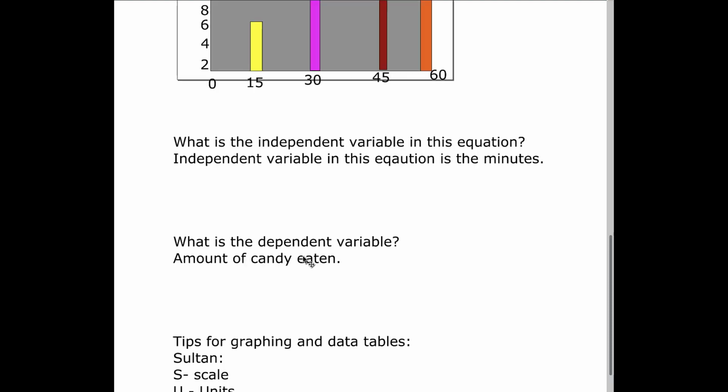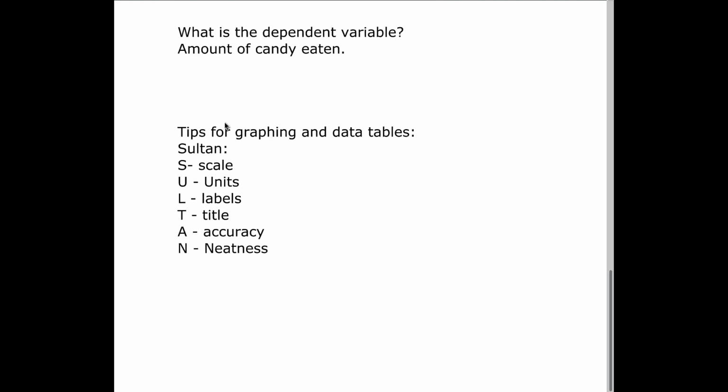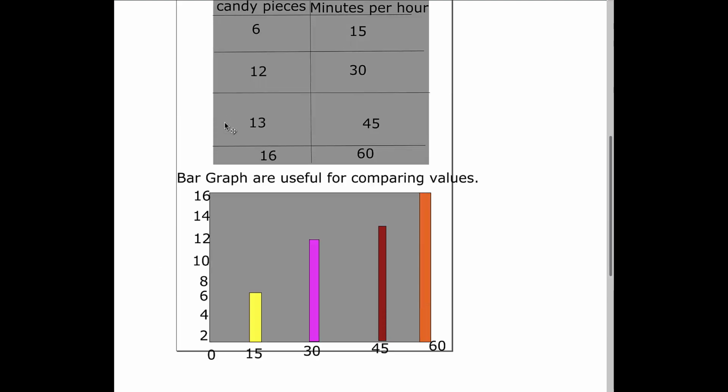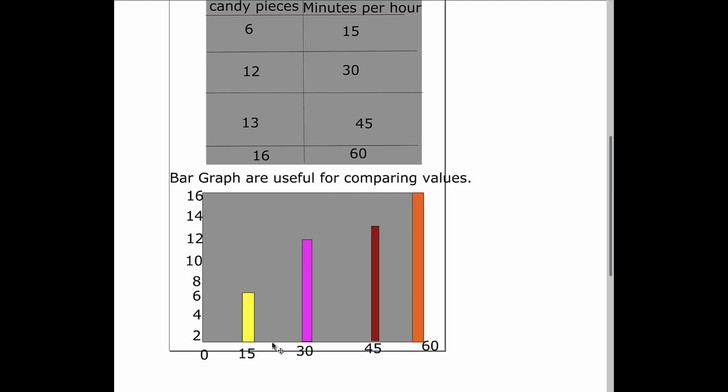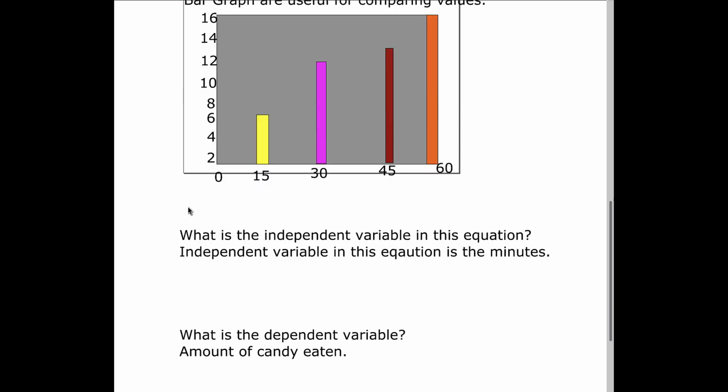The units would be our numbers right here, 15, 35, 8, 6, 42, or 42, oops. And the title, we always need title and labels. We need labels, like right here we'd have candy pieces and minutes per hour. I just wanted to get the basic steps to you, but that is what you need to make it, or you would get marked down.